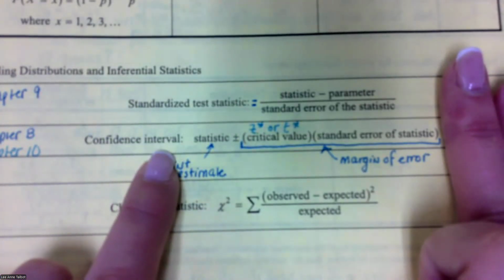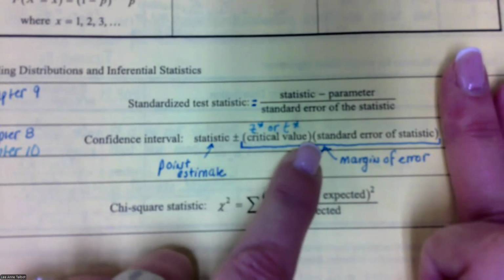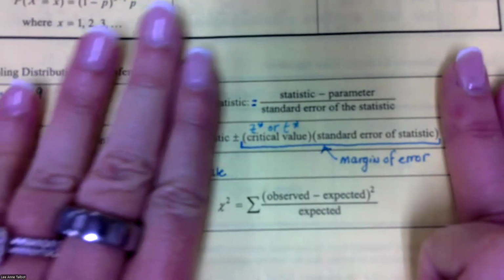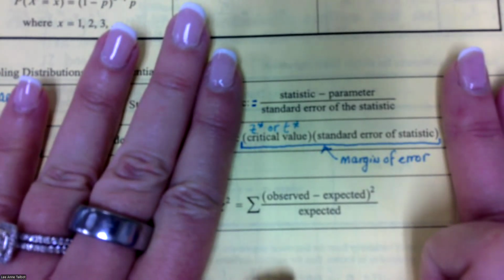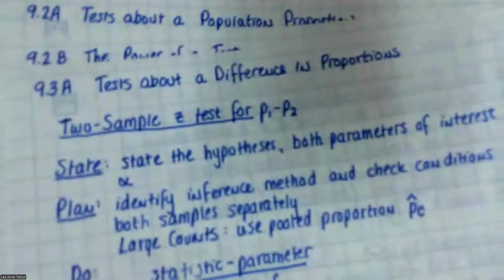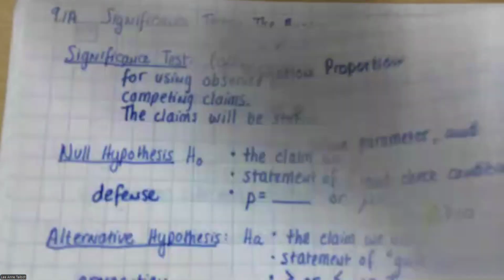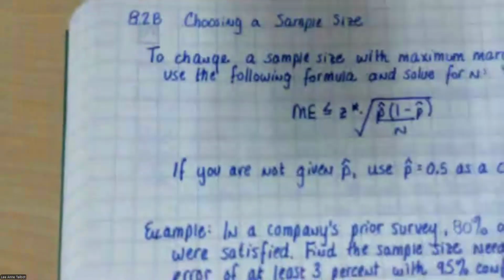If you remember, this was point estimate plus or minus margin of error at the very beginning of chapter 8 when we were learning about the structure of confidence intervals. If you're given a margin of error, you can solve for sample size. Now don't do this, but let me do this in my notebook. You guys do not need to flip. Just hold on.